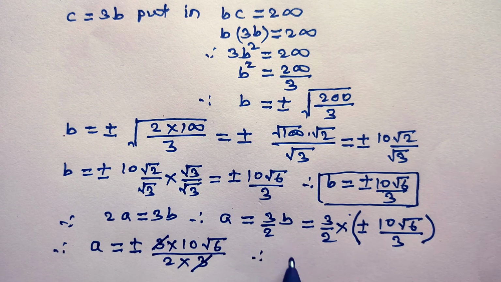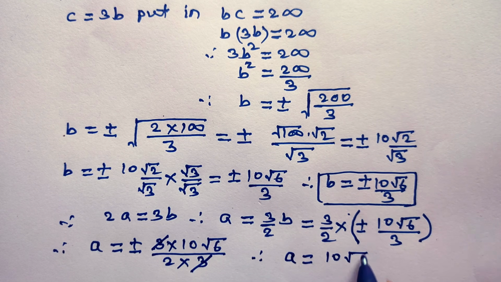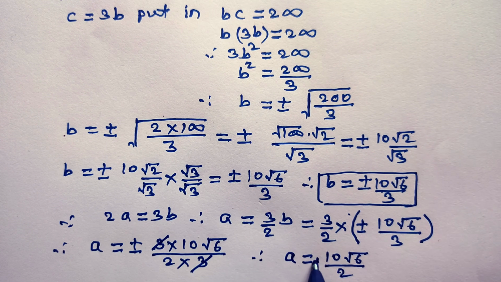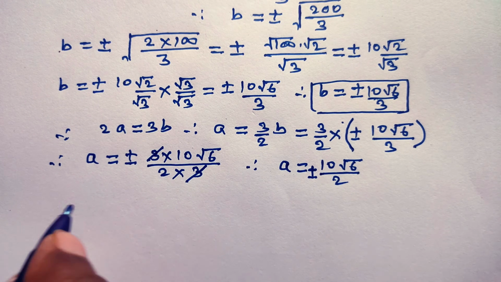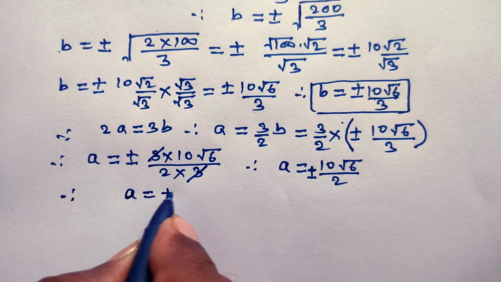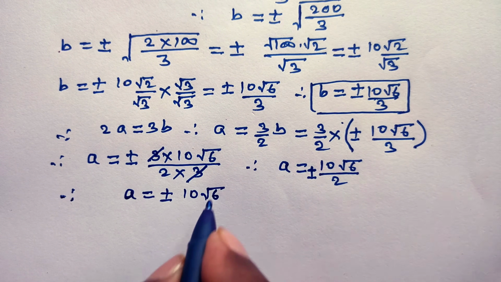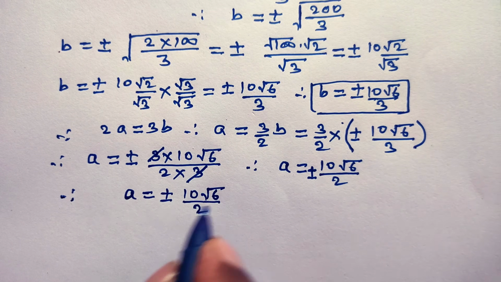Hence finally A is equal to plus or minus 10 root 6 divided by 2.